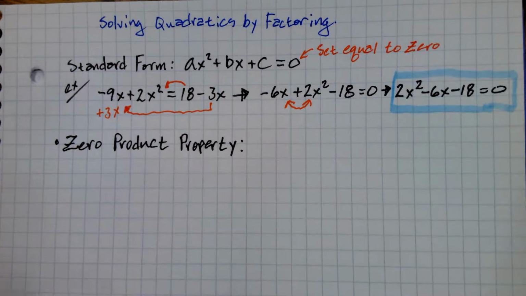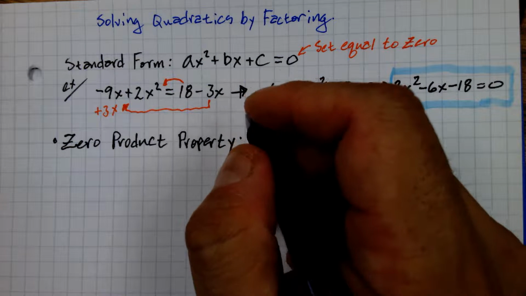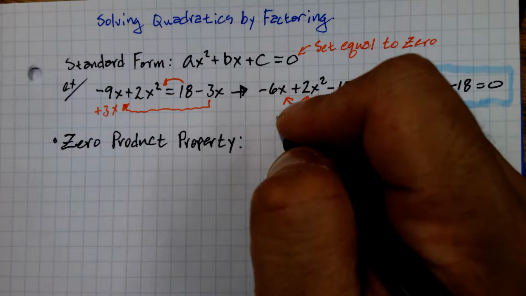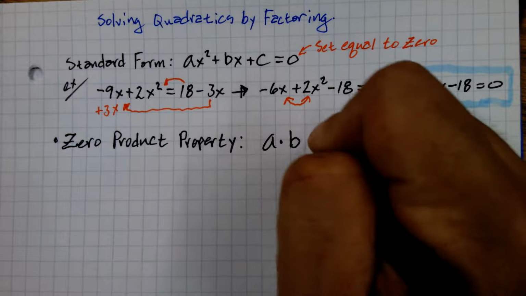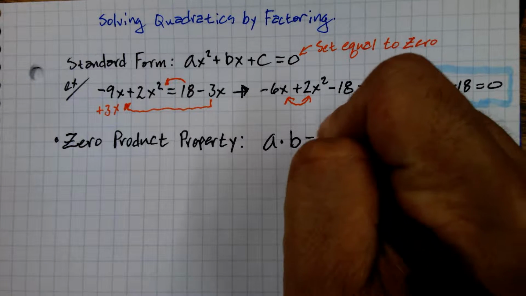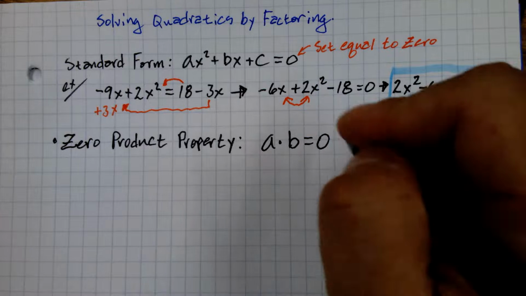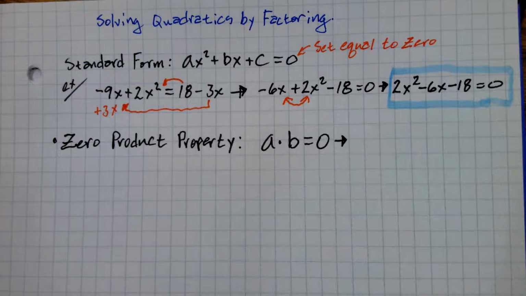Let me give you this example, and you tell me. Suppose we have a product that equals 0. Two numbers, and when you multiply them, they equal 0. So let's say A times B equals 0. Okay? Think about that. What's the logical conclusion, the therefore, that we can assume?